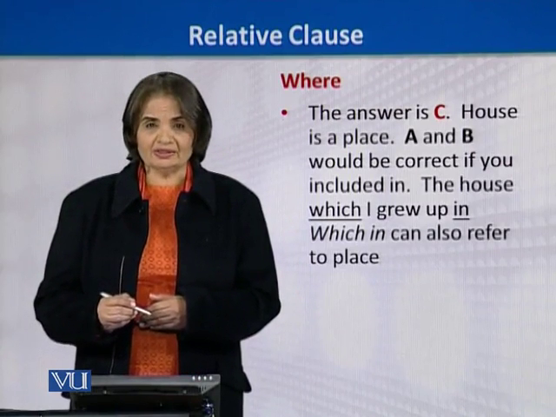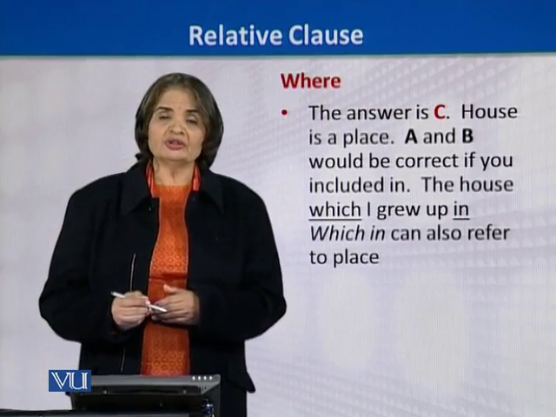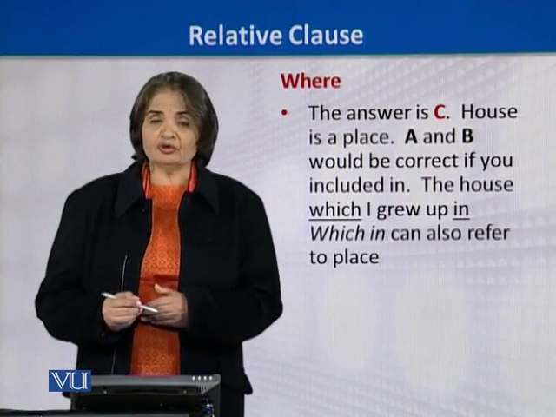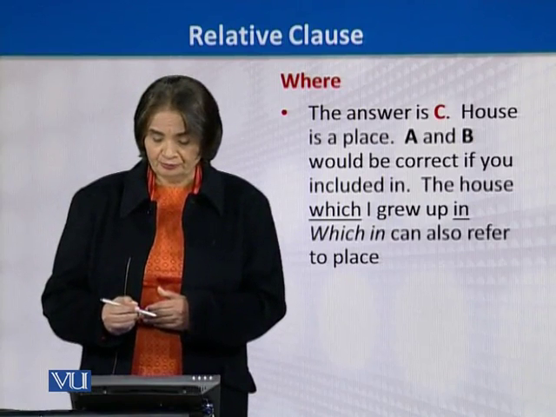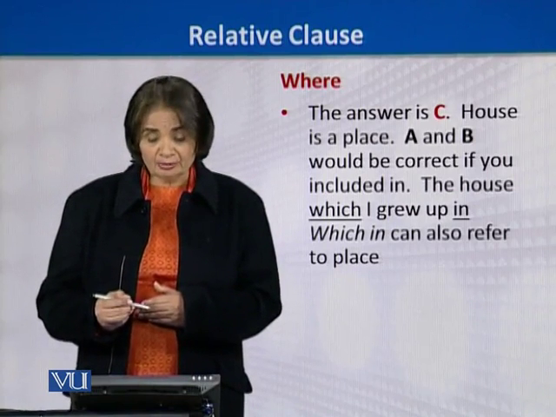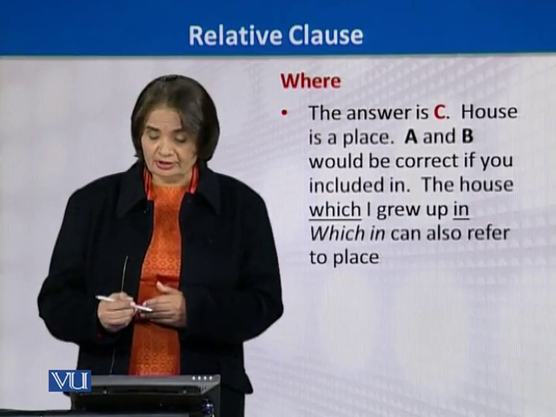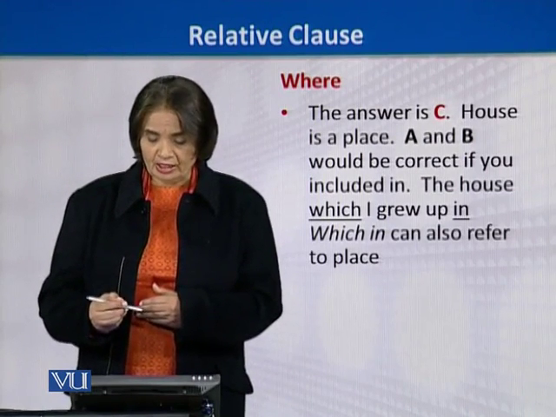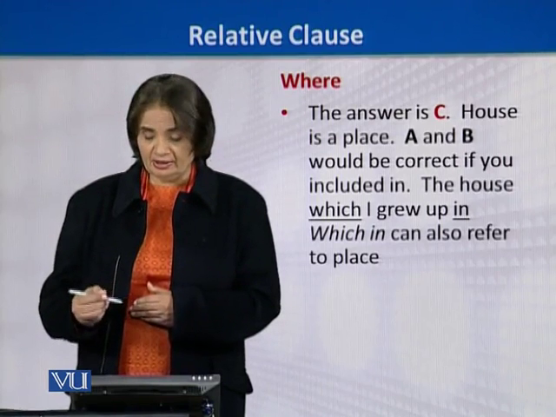House is a place. Therefore, because it is a place, we can use where, the relative clause that starts with where. A and B can be correct, as I told earlier, if you included in it. The house which I grew up in.